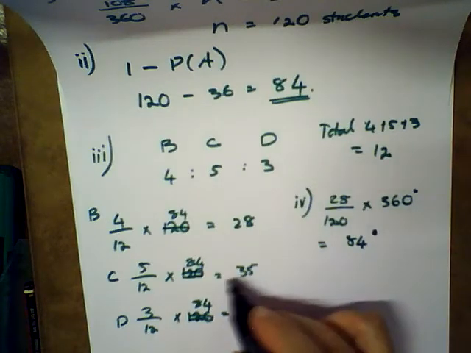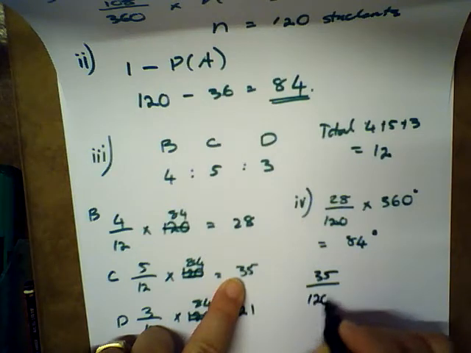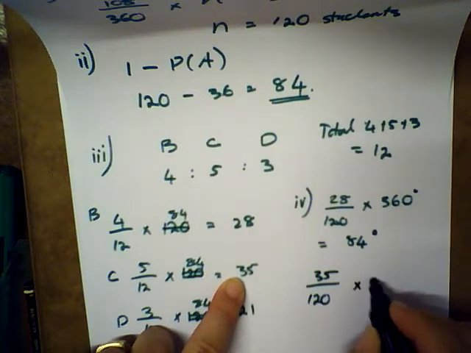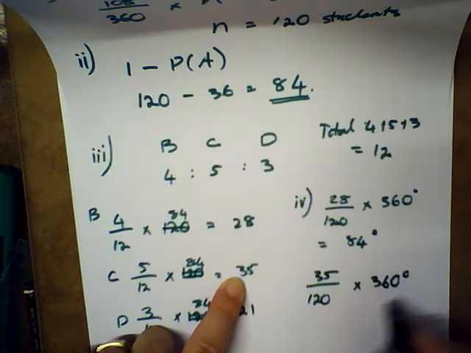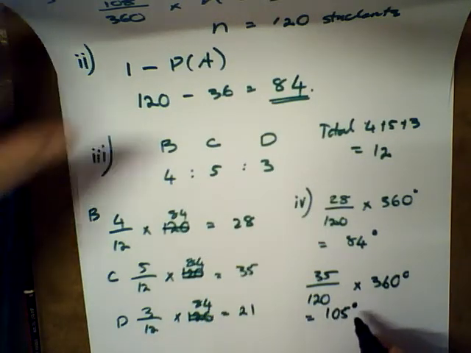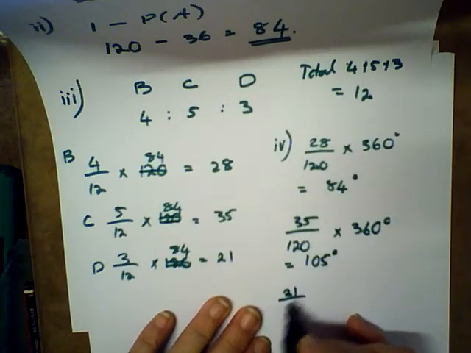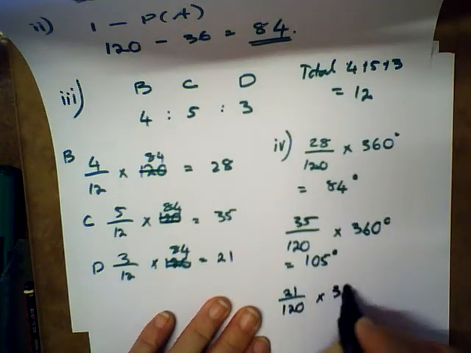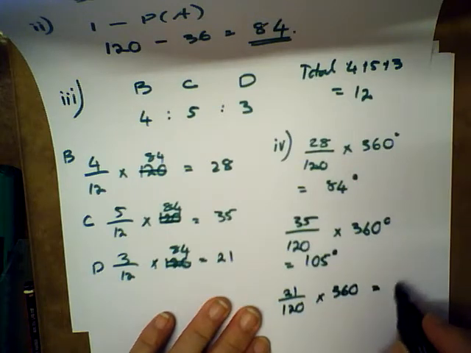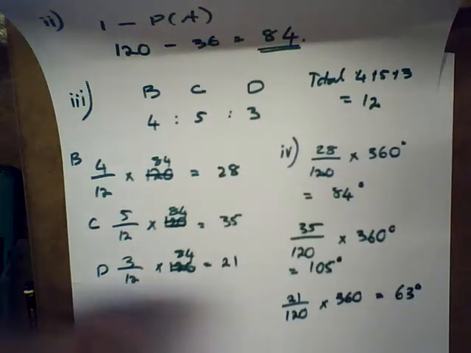I've got to do the same for this one. It's 35 out of a possible 120 students times 360. That would give us 105 degrees. And for the last one, 21 over 120 times 360, and that would give us 63 degrees. And that's the answer for those questions.